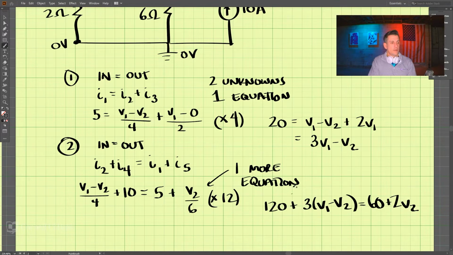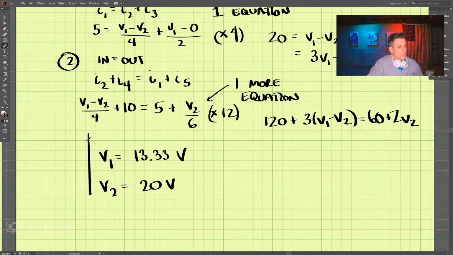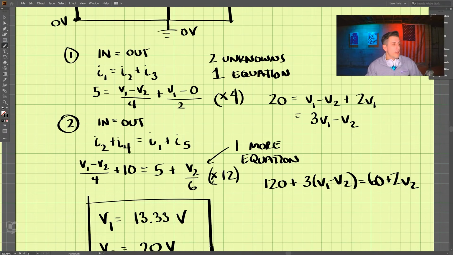So we have these two equations, and we can simplify those more. Solving these two equations, we get V1 is equal to 13.333 volts, and V2 is equal to 20 volts. So that is our answer for the voltages at node 1 and node 2.